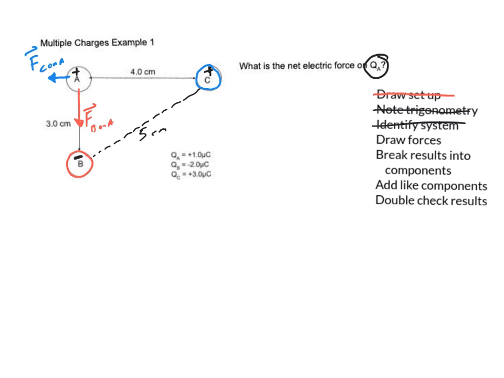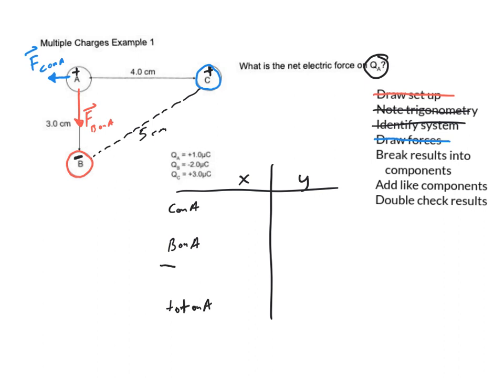All right, forces have been drawn. Break results into components. It's not actually an issue on this one because they're already components in terms of X components and Y components, and there's C on A and there's B on A, and then there's going to be a total on A. That's our goal.